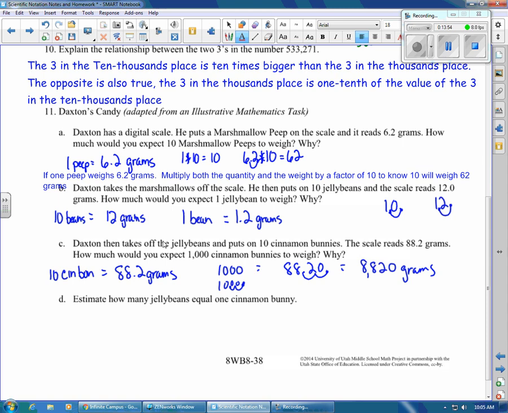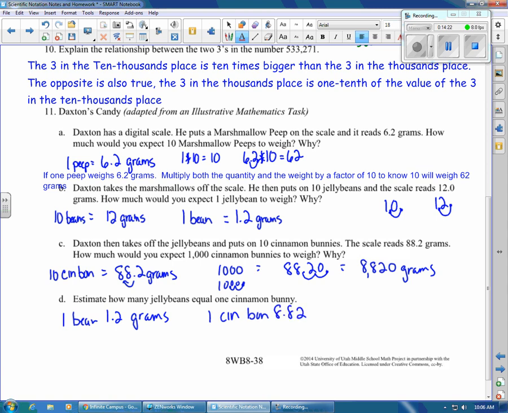Okay, part D, estimate how many jelly beans equal 1 cinnamon bunny. So I know 1 jelly bean is 1.2 grams. Ten cinnamon bunnies are 88.2, so I got to move that decimal to the left. So 1 cinnamon bunny is going to weigh 8.82 grams.